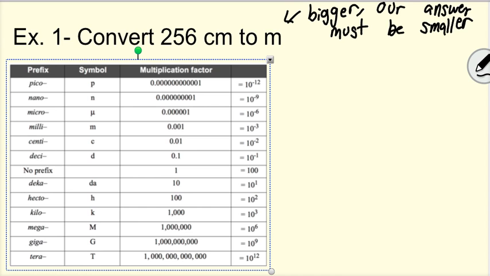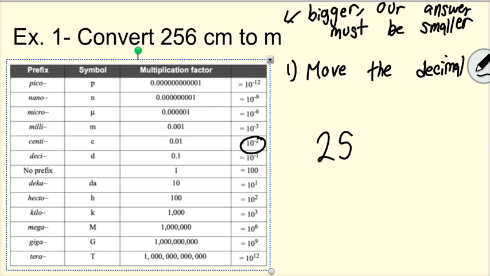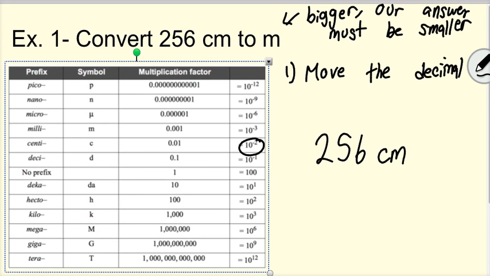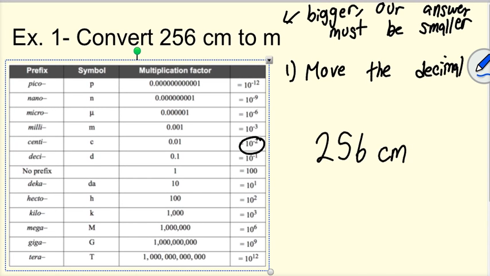So I'll show you way 1, which is move the decimal. Okay? Centi is 10 to the negative 2. Okay, so if we have 256 centimeters, the decimal is right here. We need to make this number smaller by 2 orders of magnitude.